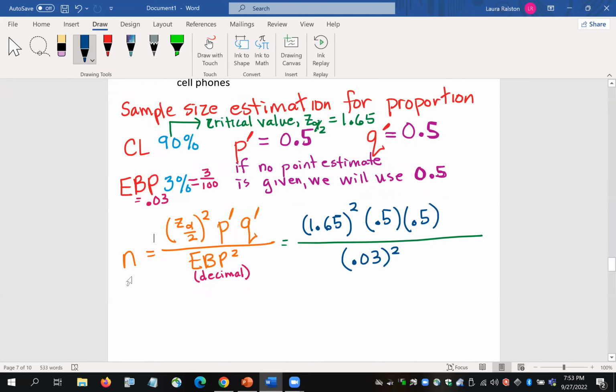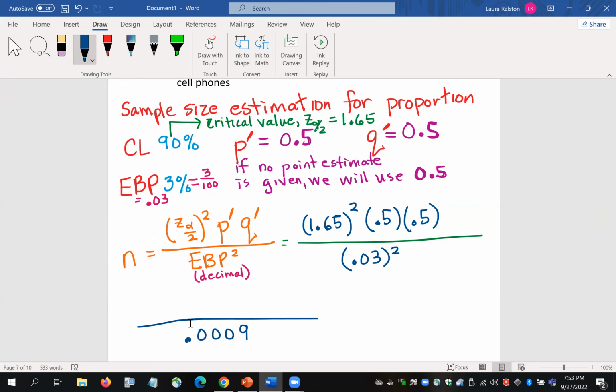Okay, I'm going to do all the calculations on my calculator. 0.03 squared is 0.0009.